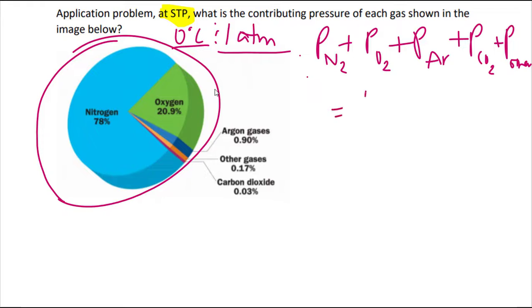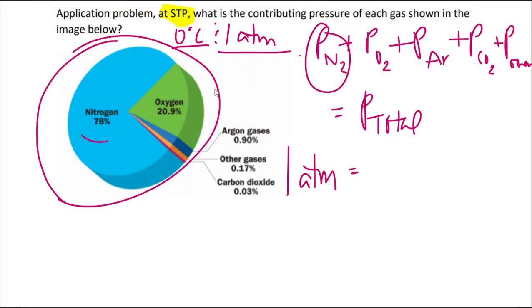And that will equal my total pressure. If we say my total pressure is 1, I need to figure out what all of these parts are.